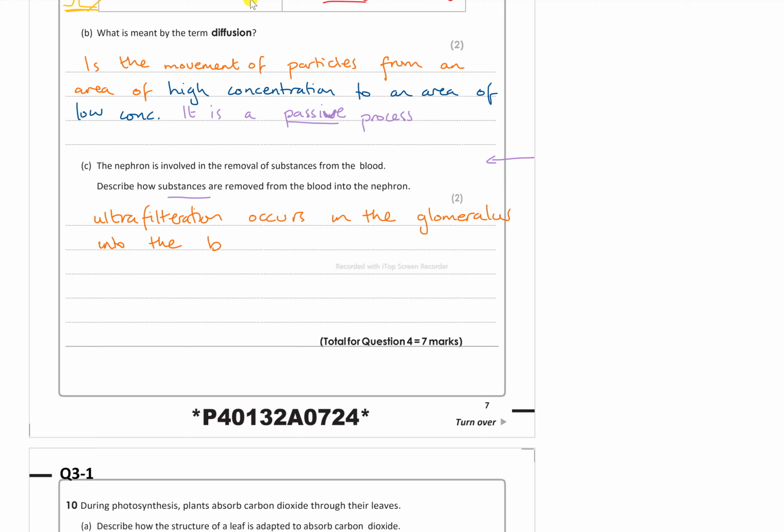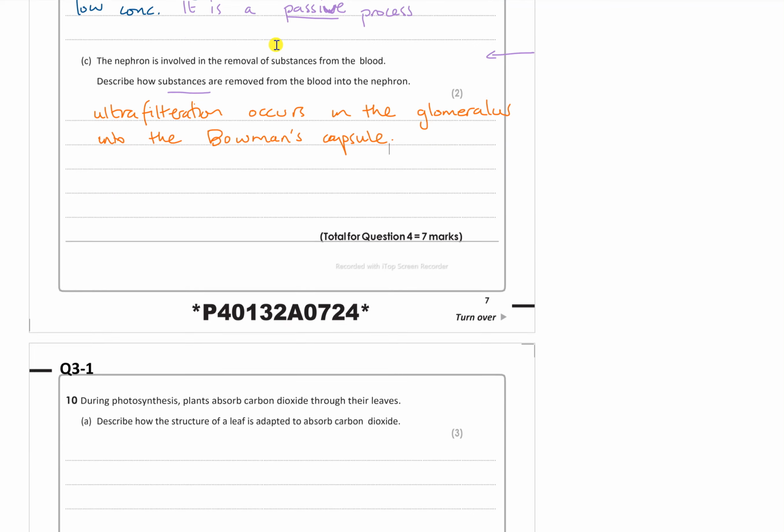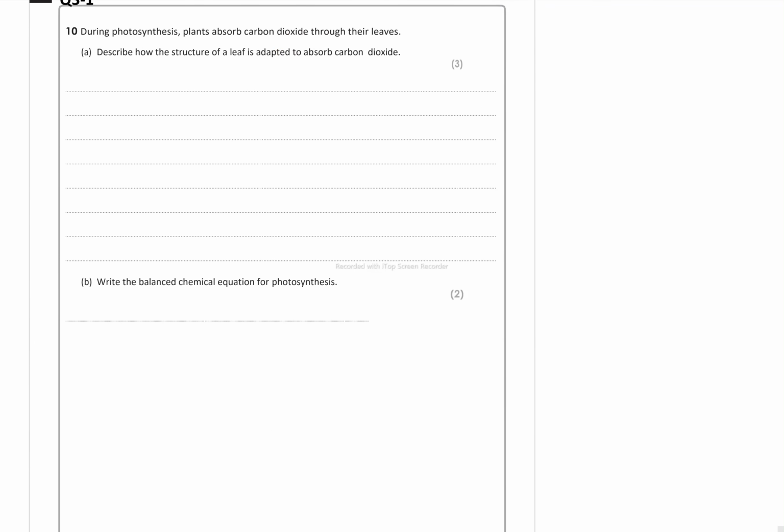I don't know if they call it renal capsule now, but let's do that. Right. Let's keep moving on.